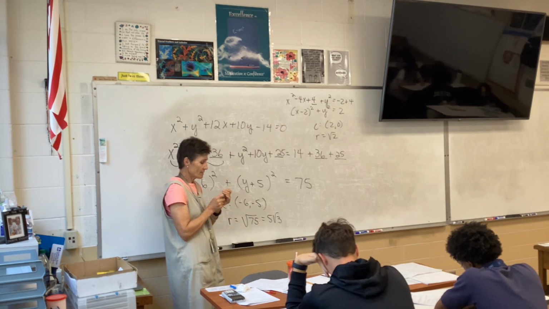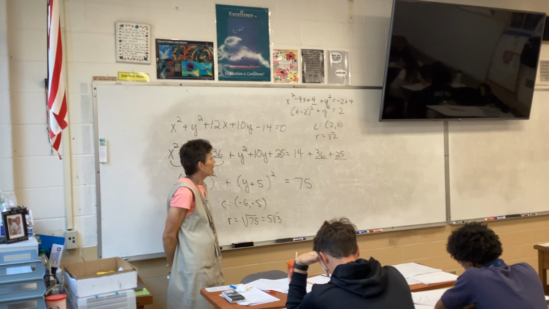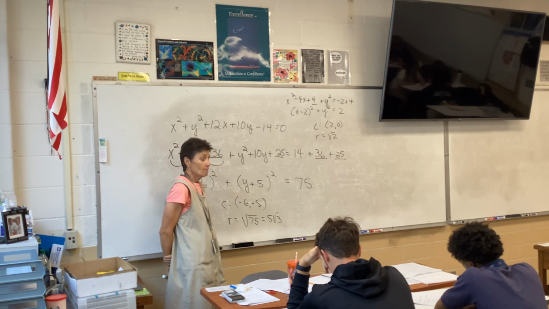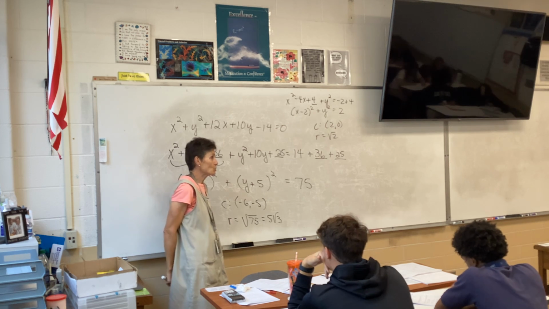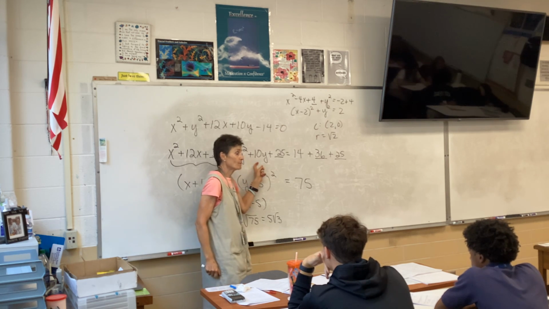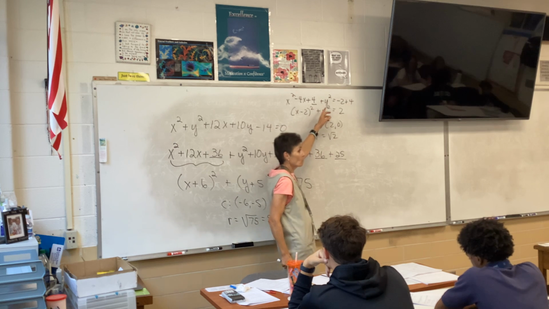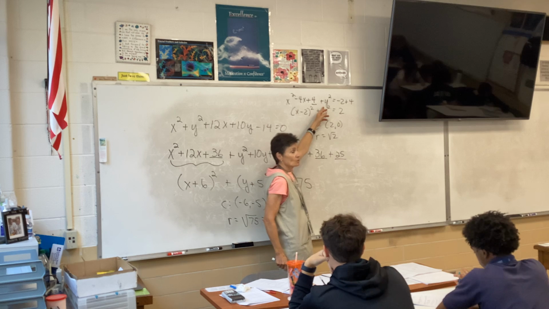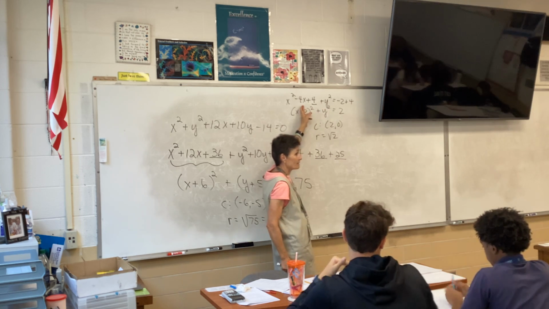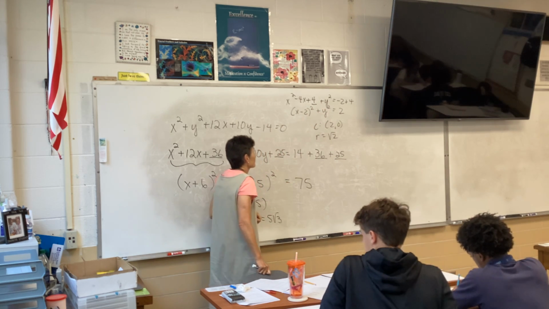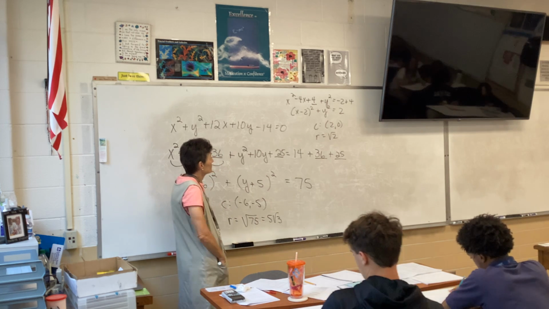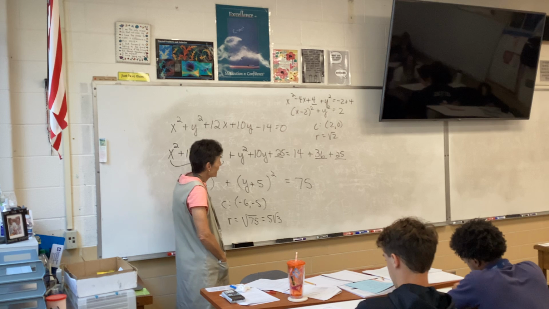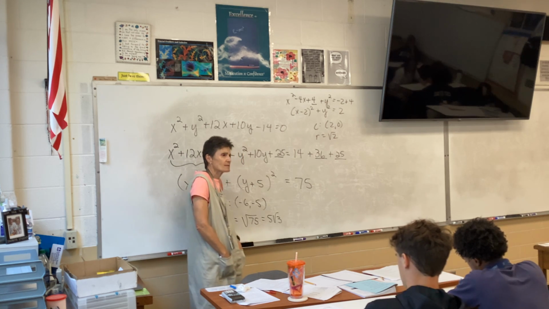Now, none of us are freaked out about the y part of that problem, right? Because since there is no regular y term, you don't need to complete the square. It's already a perfect square. Y squared is a perfect square. So the only square you have to complete is the x. I got a center of 2, 0 and a radius of root 2.